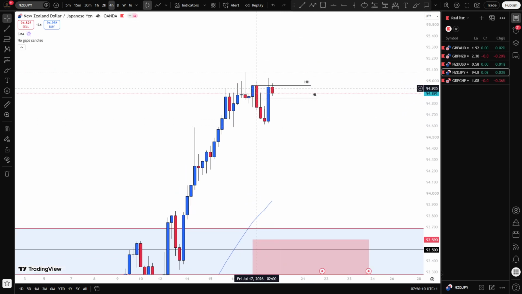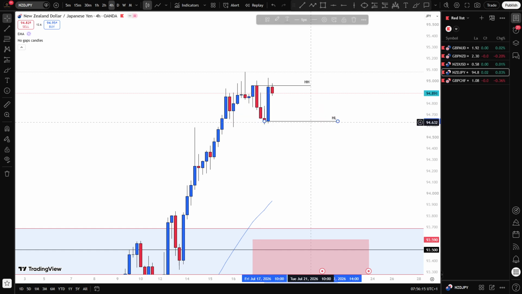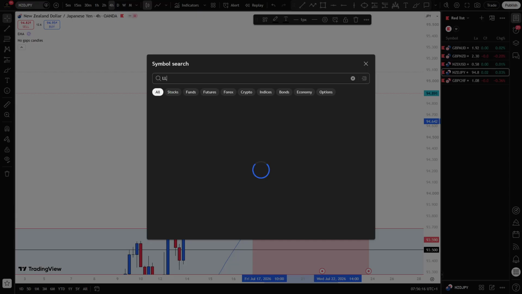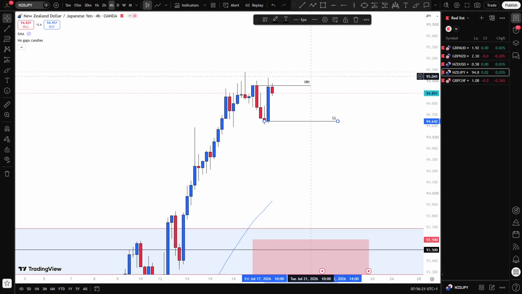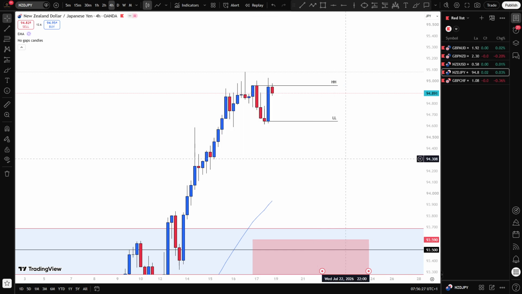Immediately this candle body closed below this zone, so this one became the lower low, and this one now is the lower high. We see that this candle did not body close above, so whatever happened here is market structure.